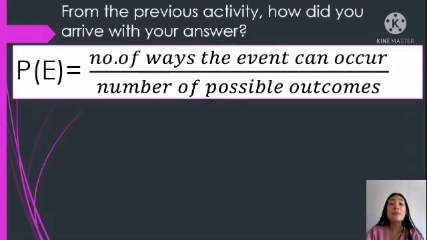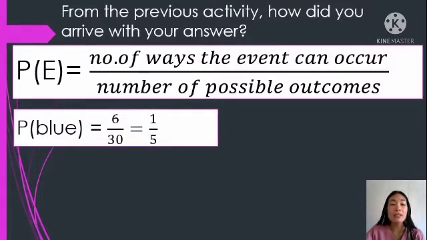Next, from the previous activity that you have done, how did you arrive at your answer? Okay, by using the formula in solving the probability of an event, which is probability of E, where E stands for the event, equals the number of ways the event can occur over the number of possible outcomes.